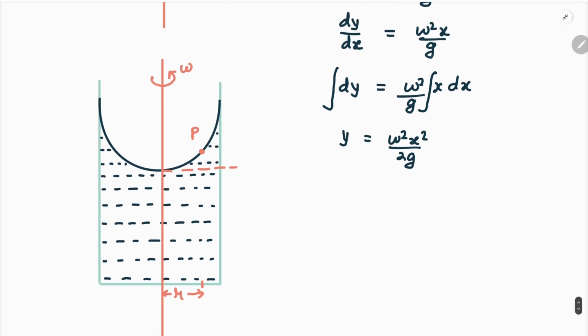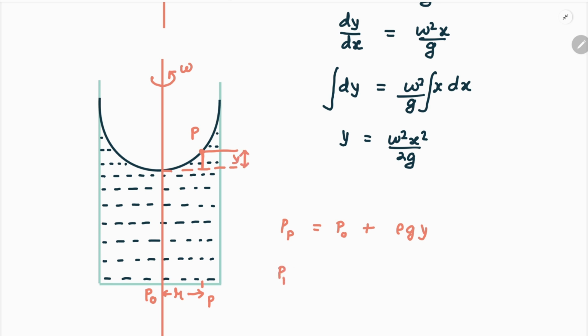The central point is having pressure P naught. So at this point P, pressure is going to be P naught, and an additional pressure will be introduced due to height y. Due to this height y, an additional pressure will be introduced at this point.